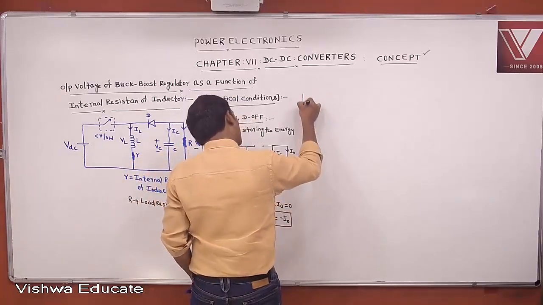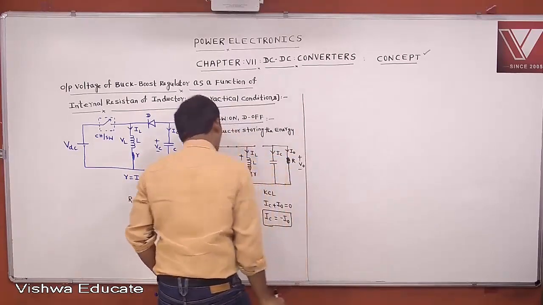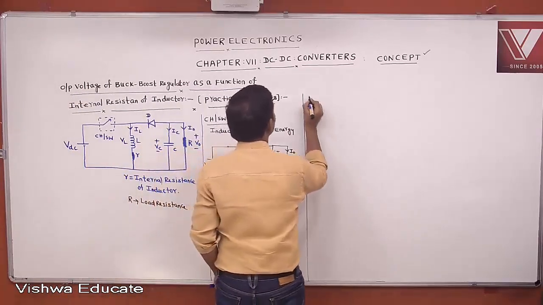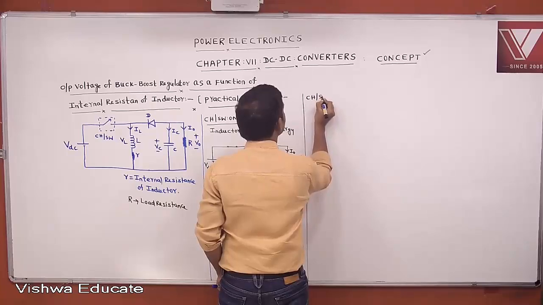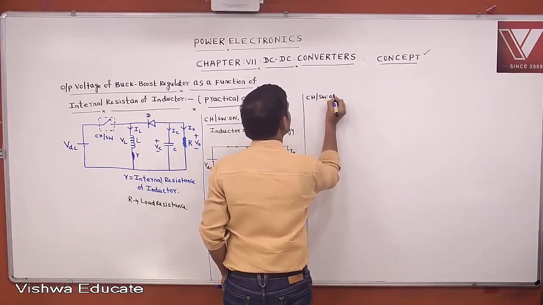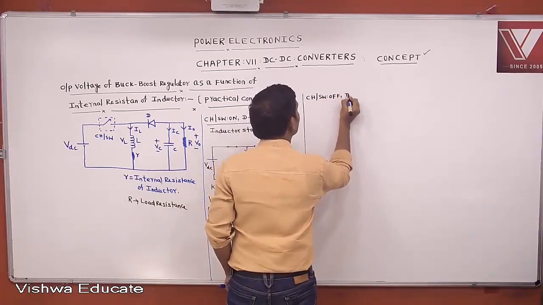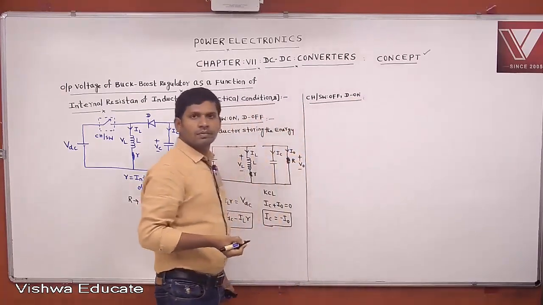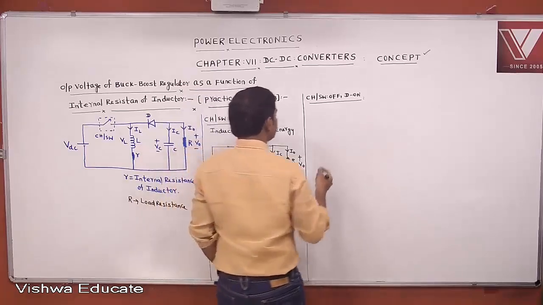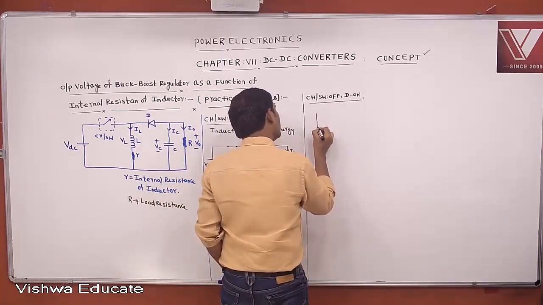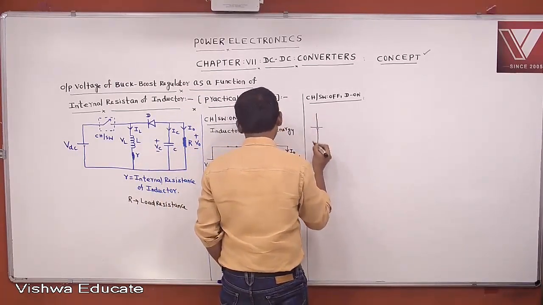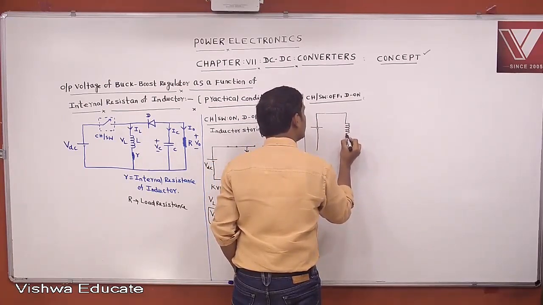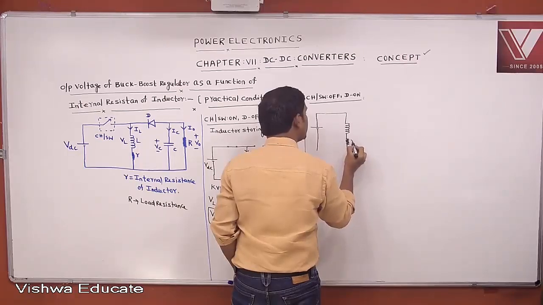But one operation is nothing but one on and one off. Then the chopper or switch is off. What about the diode? The diode will be on. What is the equivalent? If the diode is on, the inductor is releasing the energy. The internal resistance of the inductor is small r.